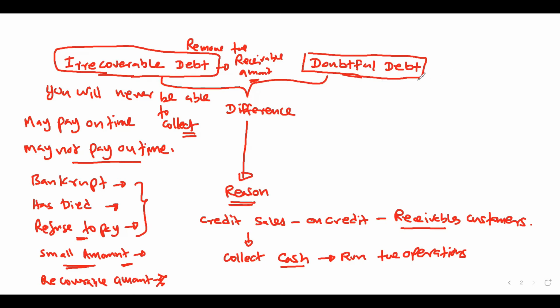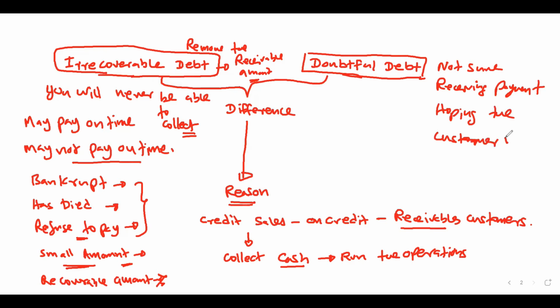You are not sure about receiving payment, and you are hoping the customer may pay in the future. Therefore there's a risk. Sometimes you might collect the money, or sometimes you might not collect the money.